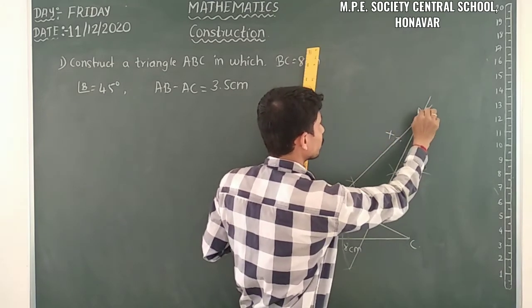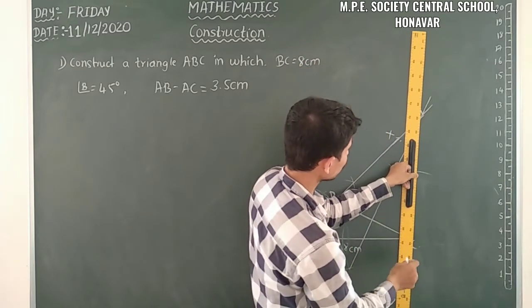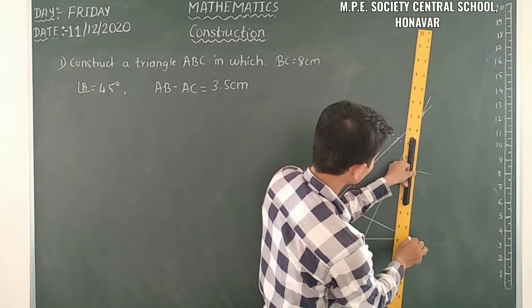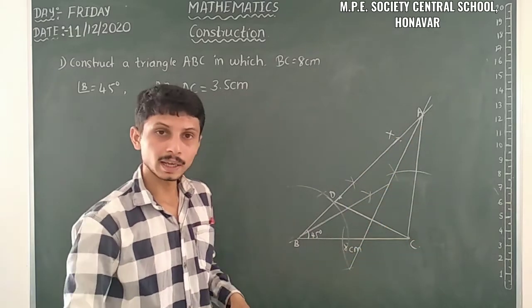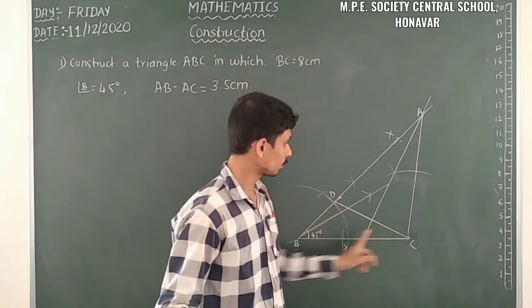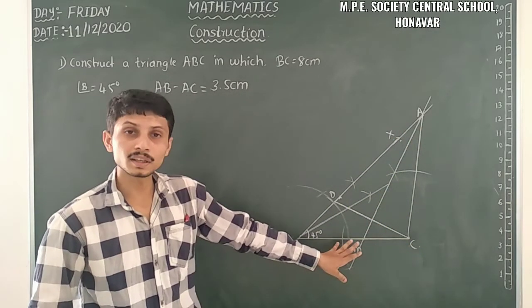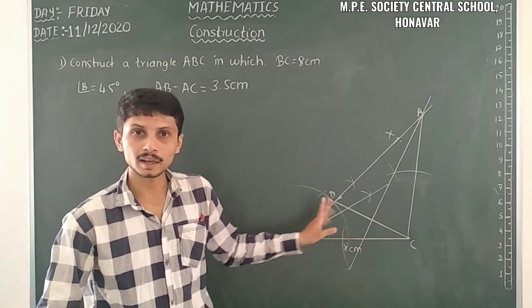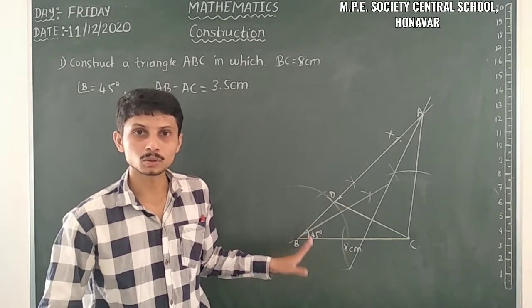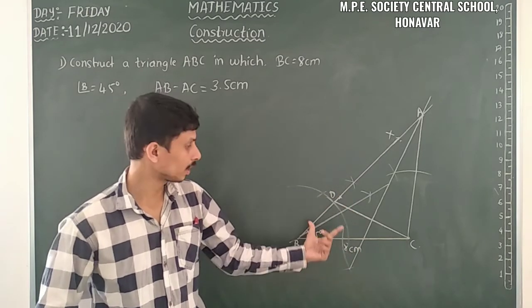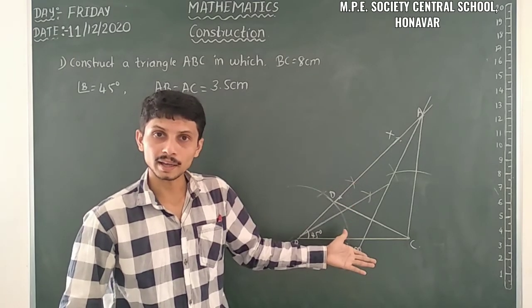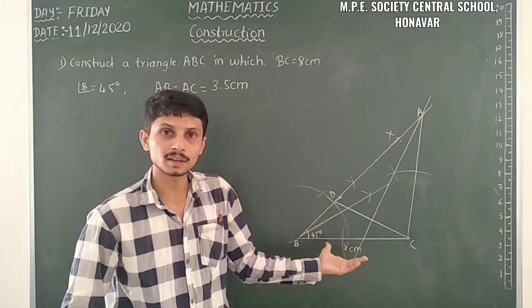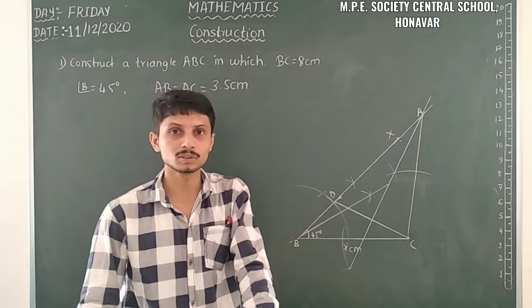Yes. Here we have the point A, then join AC. So here ABC. That one is the required triangle ABC. Using the method, firstly you have to draw BC and then you have to draw an angle here, using protractor or using compass.